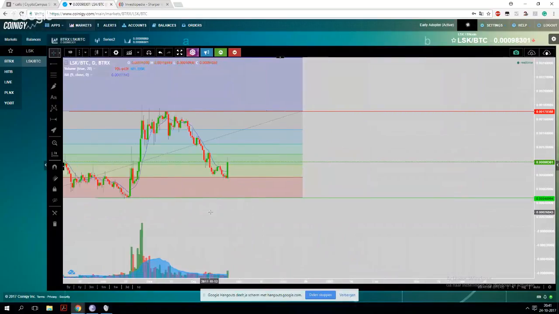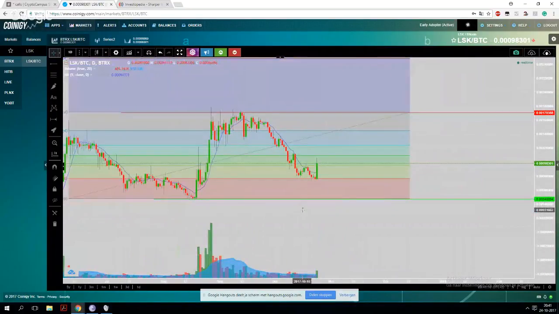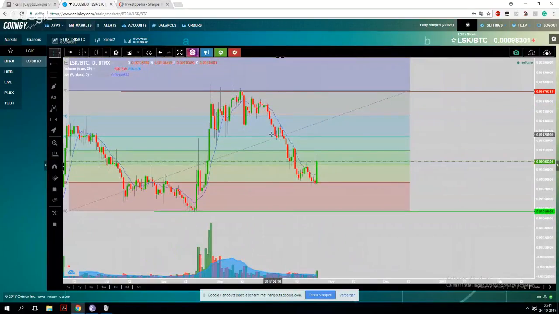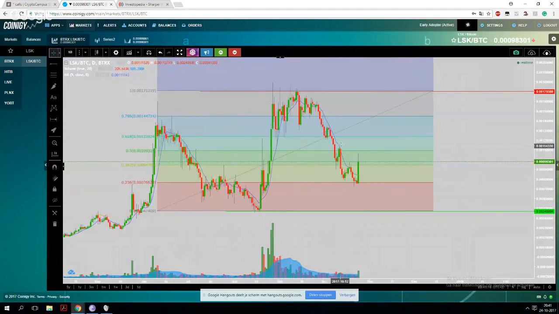I could base my entry, and you can see a lot of people did, on Fibonacci charts. For example, a lot of people thought, okay, possibly we will bounce at the 0.618 level. So that was a small bounce, but the price wasn't strong enough.